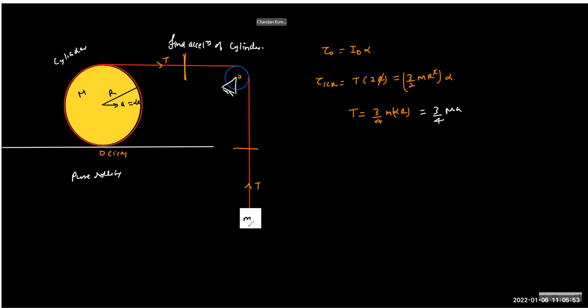Now write for the block. For the block, it will go down. Mg minus T equals mass into acceleration, which is 2a, because that's the acceleration of the topmost point, and because the block is connected to the topmost point, the acceleration of this point will be the same for the block.